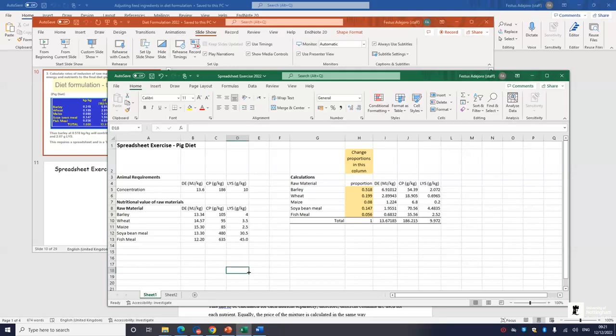So for example, salt added to the diet of animals, we usually have a fixed amount. So we have ingredients that we call fixed ingredients. And then you have the others we call variable ingredients.